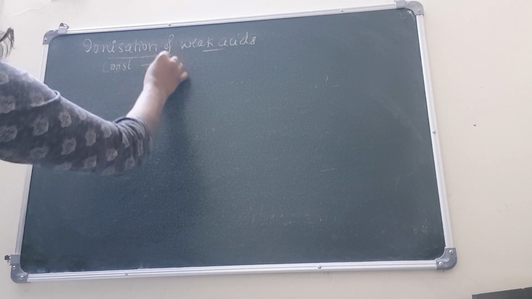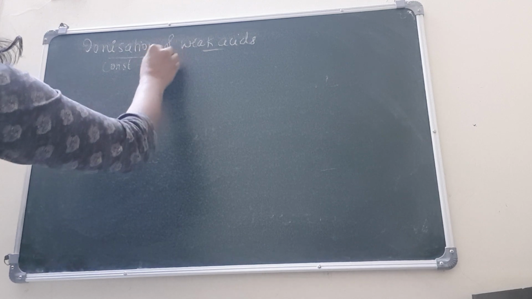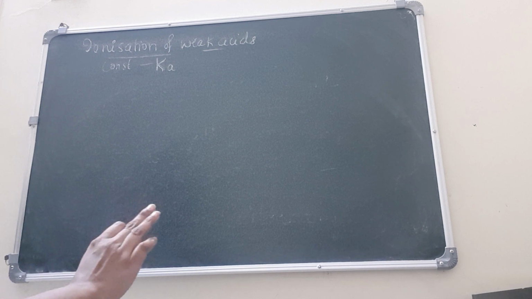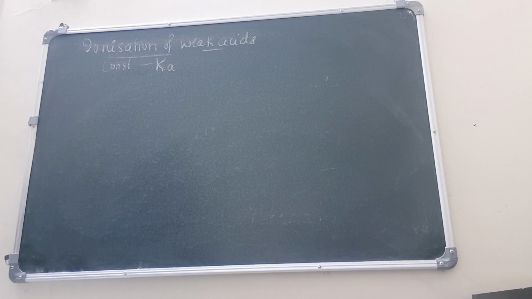So in case of a weak acid, what is the meaning of ionization constant? We call it Ka here because K is the equilibrium constant, which is nothing but the ionization constant if the reaction is an ionization or dissociation reaction. A here represents acid. It's just the naming, otherwise it's as good as the equilibrium constant.